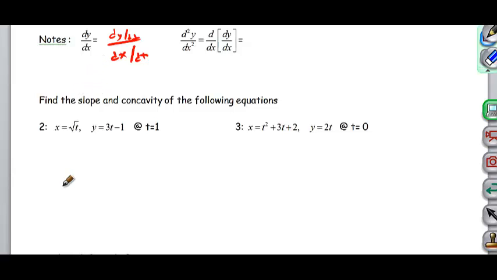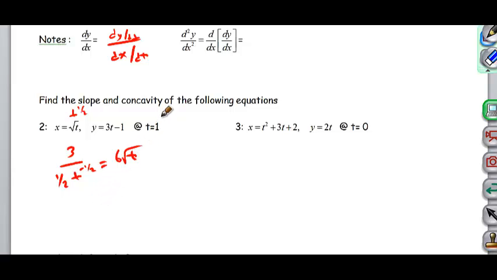So if we wanted to find the slope of this set of parametric equations, you find dy dt, so 3, divided by dx dt. Remember, this is t to the 1/2. So drop down your 1/2, t to the negative 1/2, which ends up being, if we want to be nice about this, dividing by halves, multiplying by the reciprocal, 6, and this ends up being t to the 1/2, or square root of t.